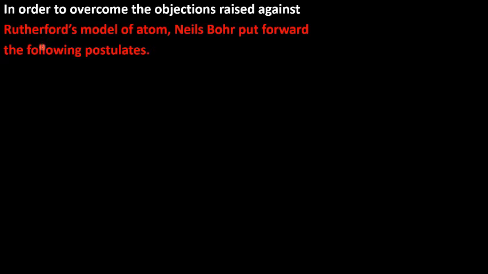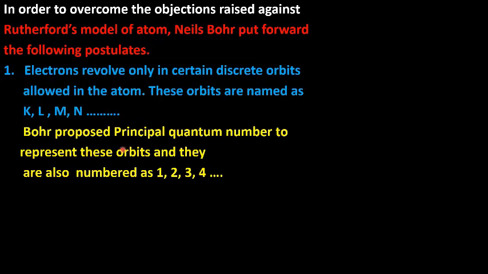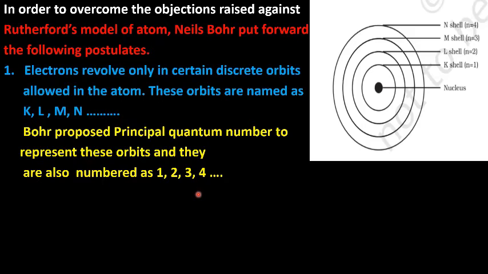In order to overcome the objections raised against Rutherford's model of atom, Niels Bohr put forward the following postulates. So let us recapitulate the important points in Bohr's model. Electrons revolve only in certain discrete orbits allowed in the atom. These orbits are named as K, L, M, N and so on. Bohr proposed the principal quantum number to represent these orbits, and they are also numbered as 1, 2, 3, 4 and so on.